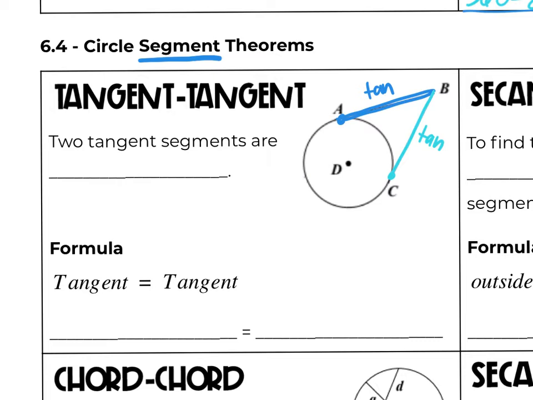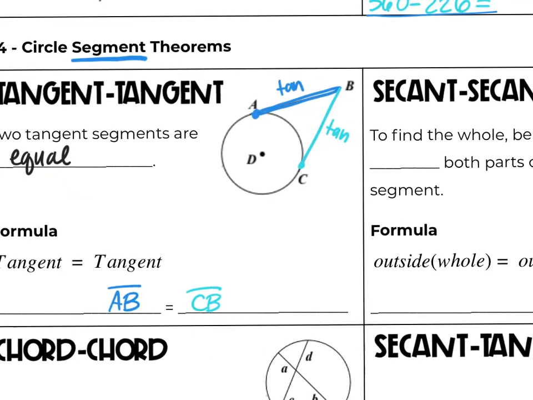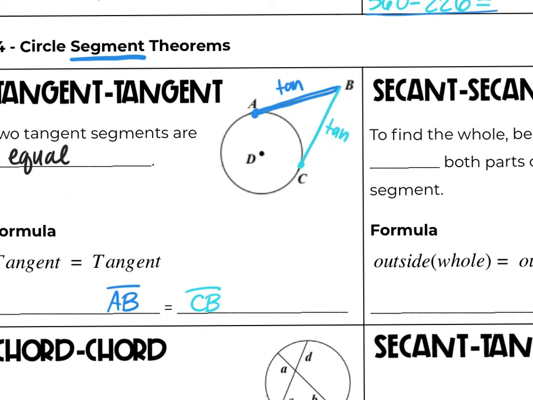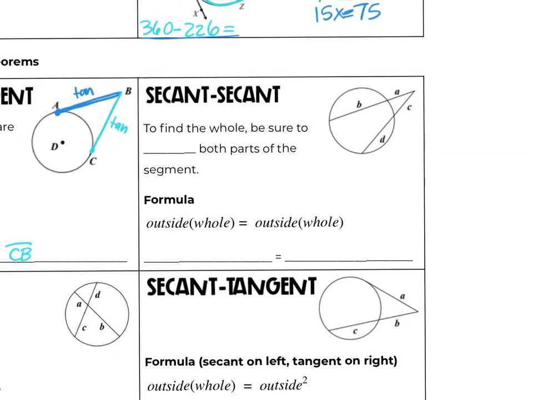Okay, 2 tangent segments are equal, or congruent. So the formula is tangent equals tangent. In this case, I would say segment AB is equal to CB. In a minute, when we start having expressions, maybe it's 5x plus 1 equals 2x, and you would solve that way.